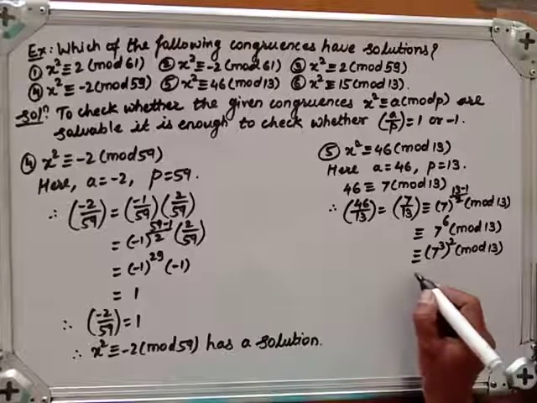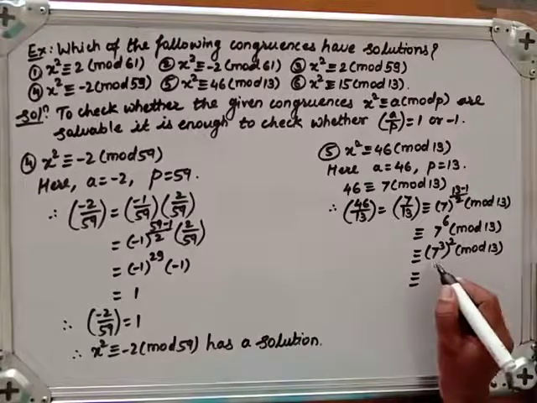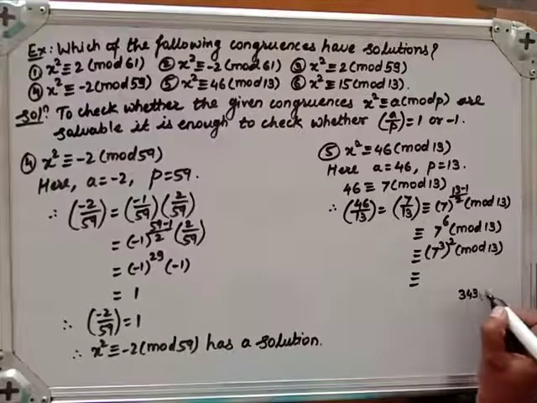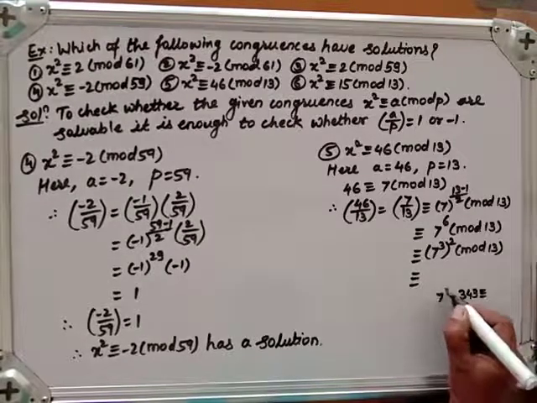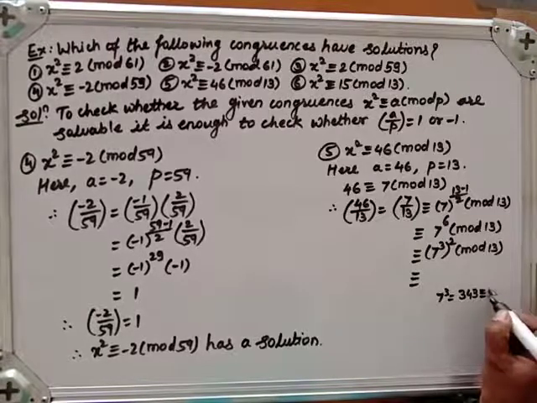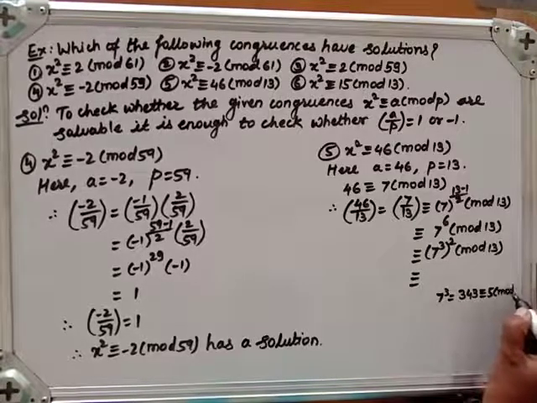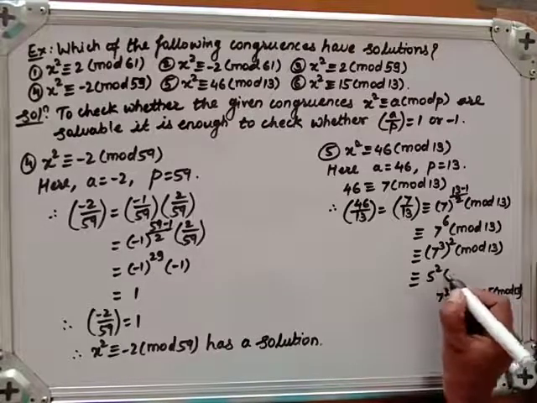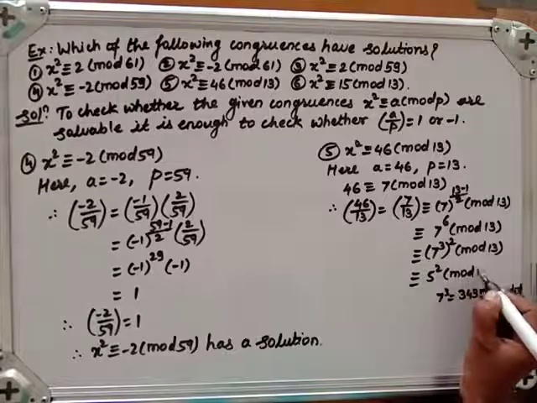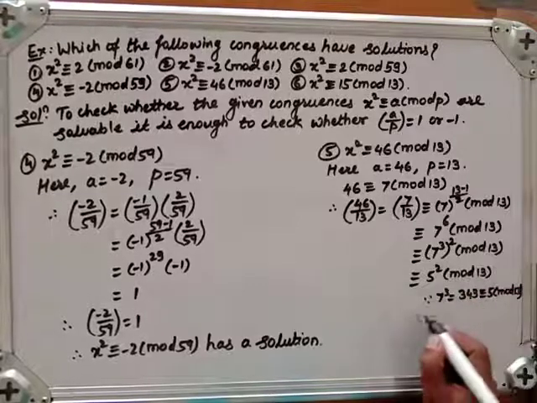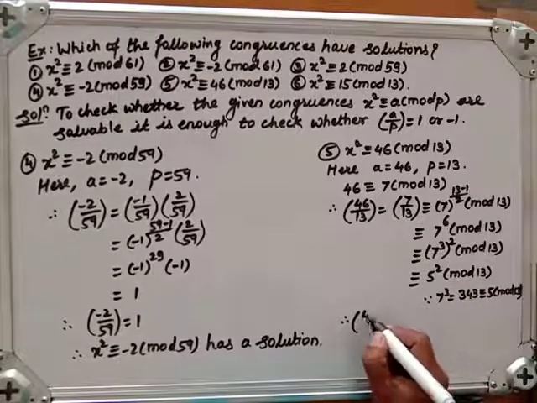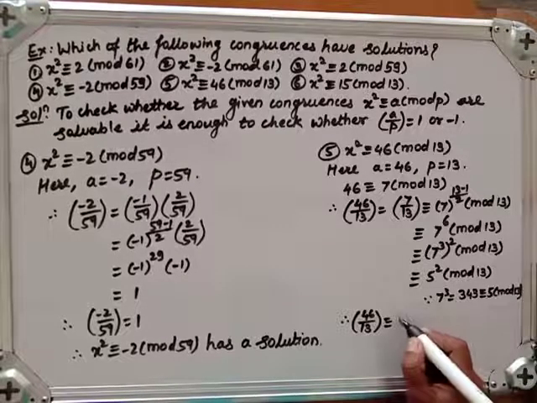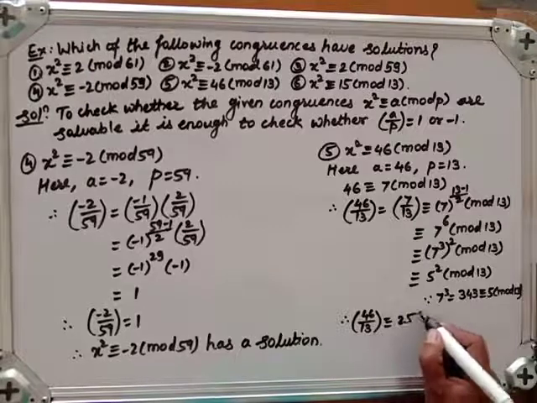But 7 cubed is what? 343 and 343 congruent to 5 modulo 13. So it will be 5 squared modulo 13. Since this, therefore again Legendre symbol of 46 by 13 is congruent to what? 25 modulo 13.